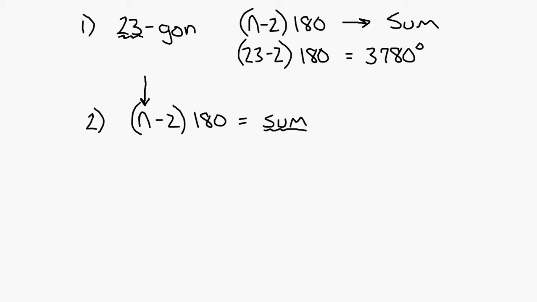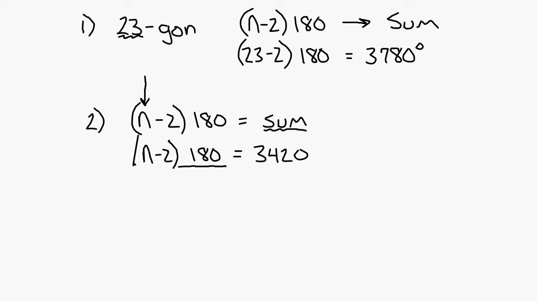So you replace the sum with the given number, and you make n minus 2 times 180 equal to 3,420. You're going to solve for n.